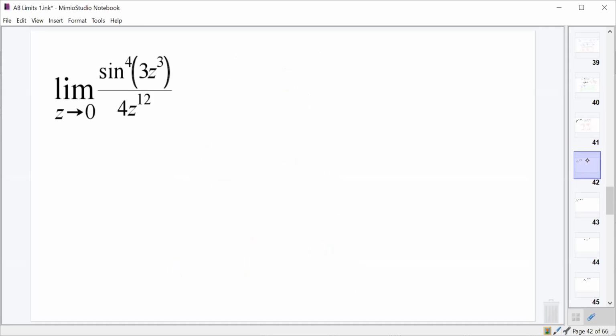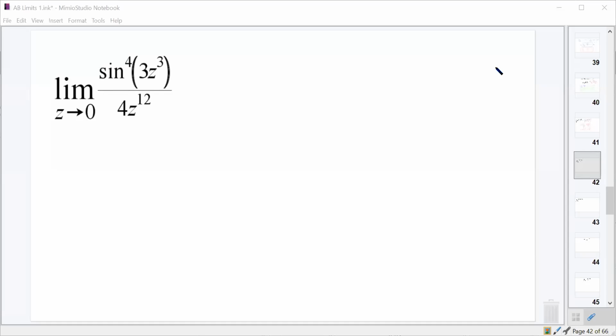Let me give you a hint: deal with that 4 in the denominator before you try to do anything else. So pull that 4 in the denominator out first. Then we'll go through it in a minute. You got like 2 minutes. Ready, go.